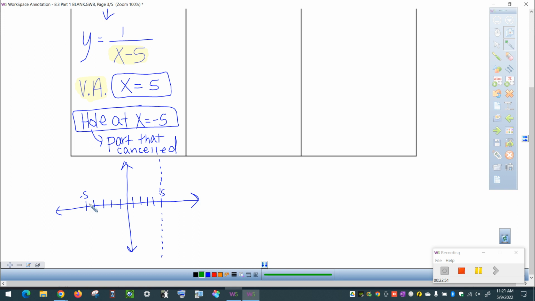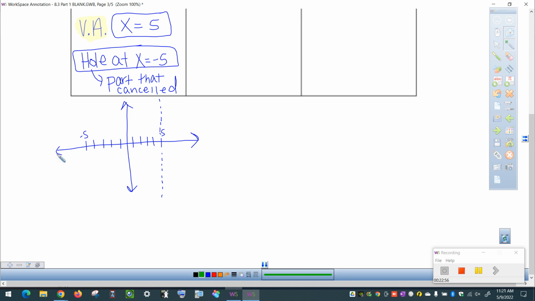Okay, so the graph of this one would look something like this. Our line is moving along, and when it gets to the x value of negative 5, now it's a hole, but then it's just going to keep moving on after that. So maybe that's what the left-hand side of our graph looks like. The right-hand side might look something like this.